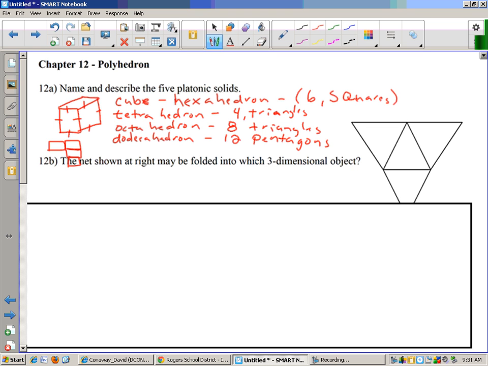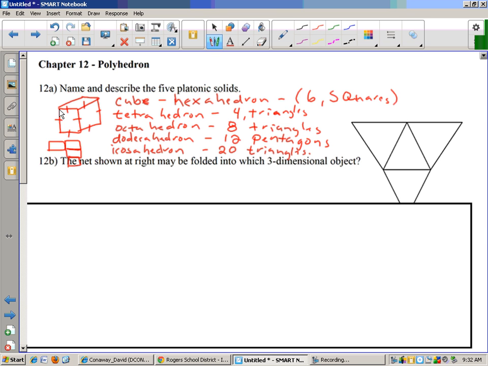And then we did the icosahedron, which is 20 triangles. That is the 5 that you need to remember. 6 squares, tetrahedron, octahedron, icosahedron.